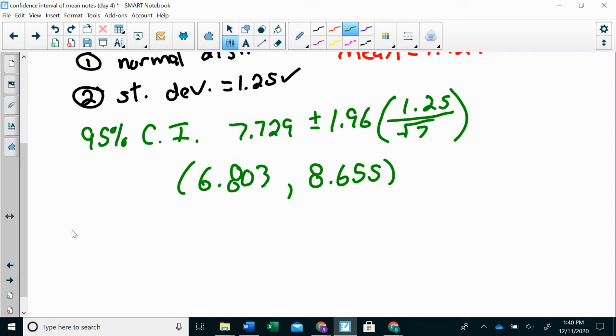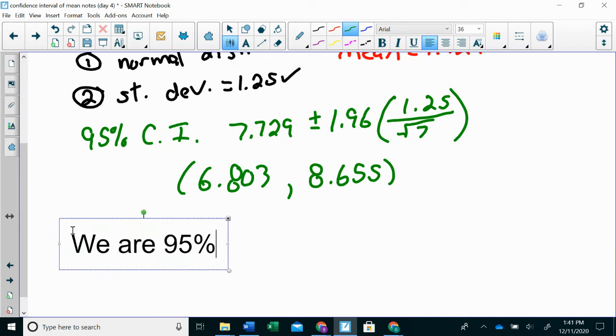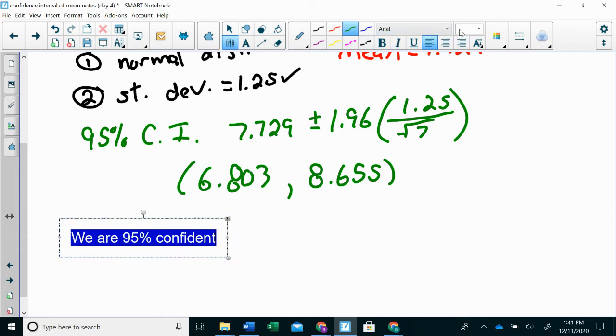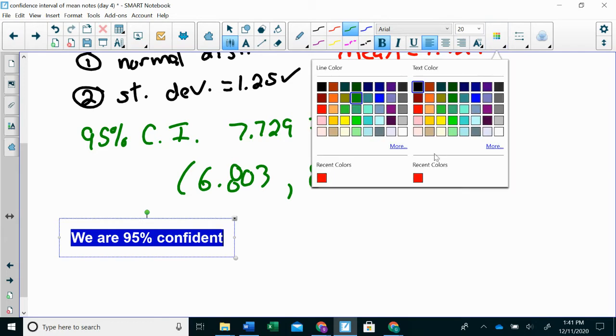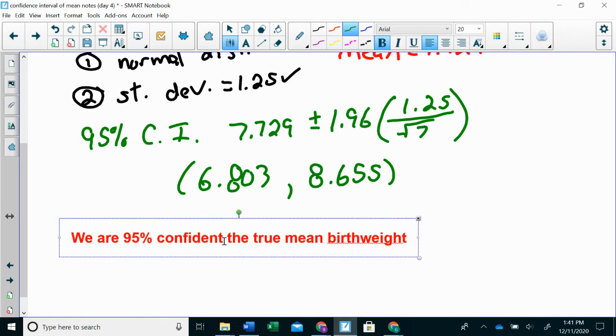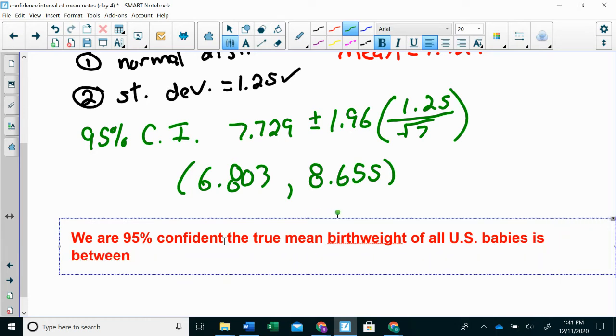So our conclusion, the statement that we can make: we are 95% confident the true mean birth weight of all U.S. babies is between 6.803 and 8.655 pounds.